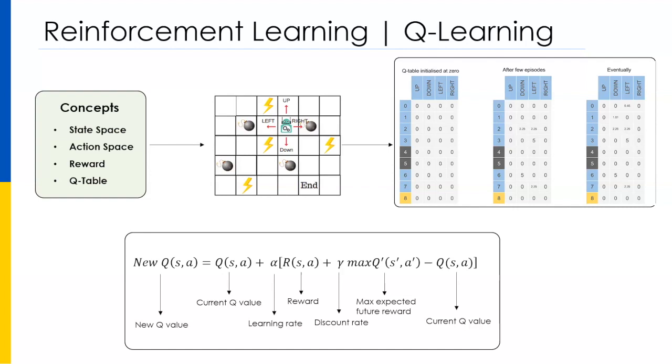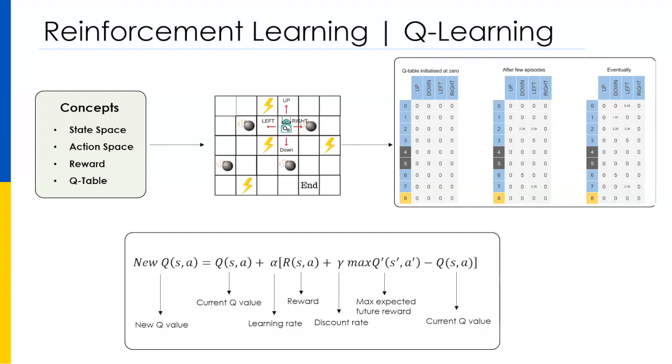We rerun all these cycles of the robot going through the maze, and the Q table updates until we have the optimal strategy for the robot, how to solve this maze. We're using the simplest Q-learning formula here that is based on the current Q value, learning rate, reward, and discount rate.